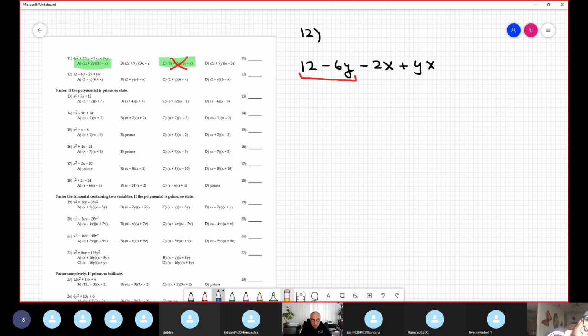I don't remember. Okay, the greatest common factor in the red part is 6. You have 2 minus y. The greatest common factor in the blue part is x. But the challenge is whether I factor out positive x or negative x.